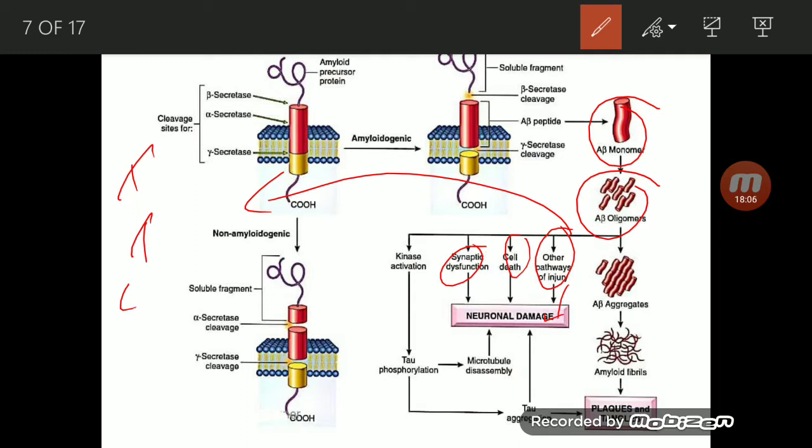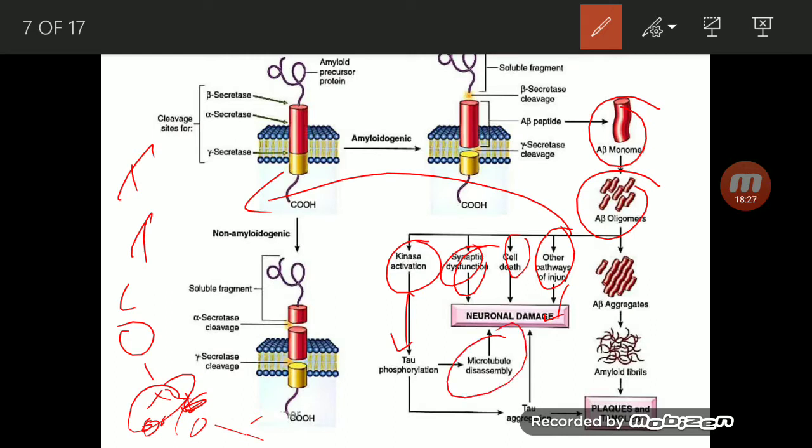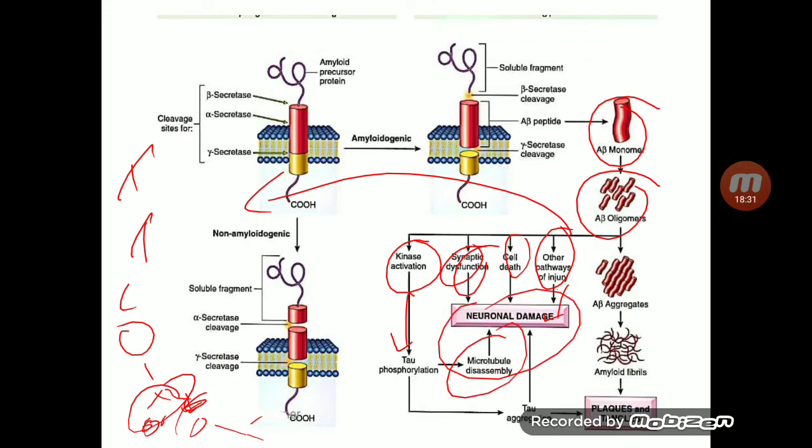Synaptic dysfunctioning, why? Again, in your synapse there is accumulation of senile plaques. This does not allow your impulse to get carried from one neuron to another, so there is synaptic dysfunctioning as well. And other than that, there is kinase activation, due to which there is tau phosphorylation and microtubule effects, which I'll explain again. Okay, so this is all about your amyloid beta plaque.